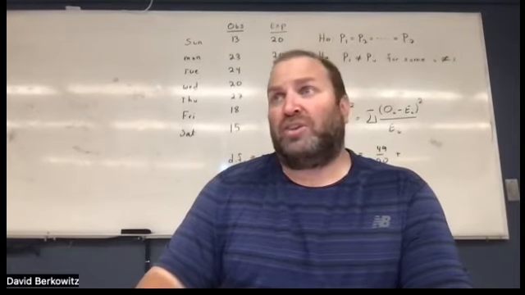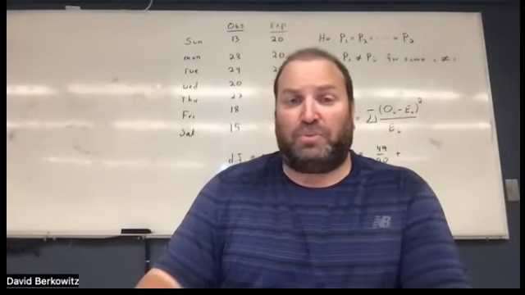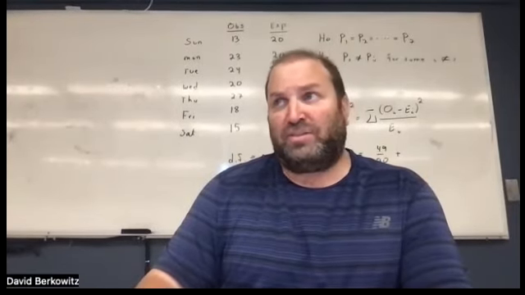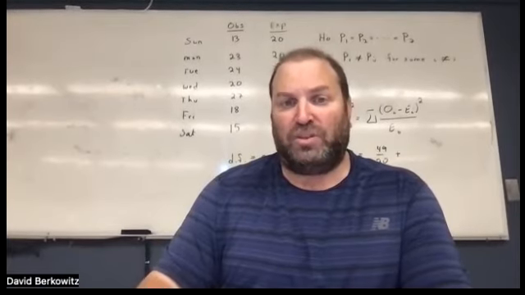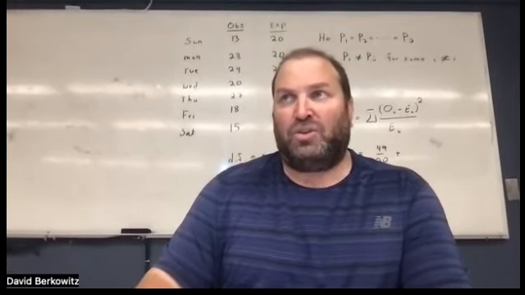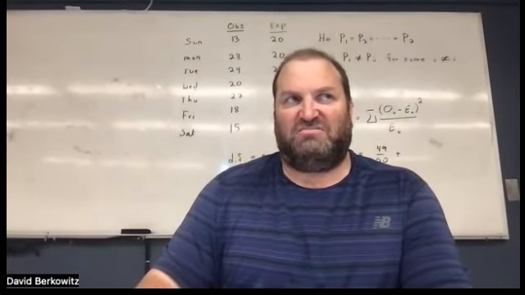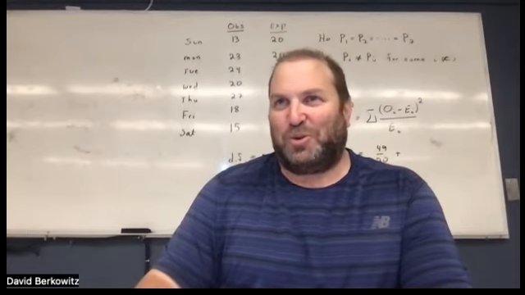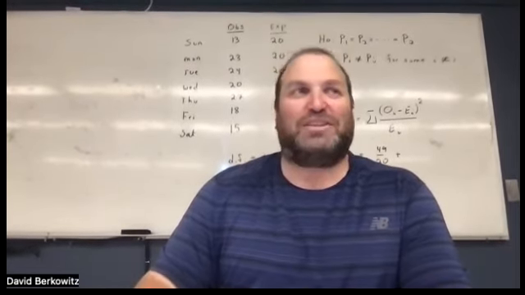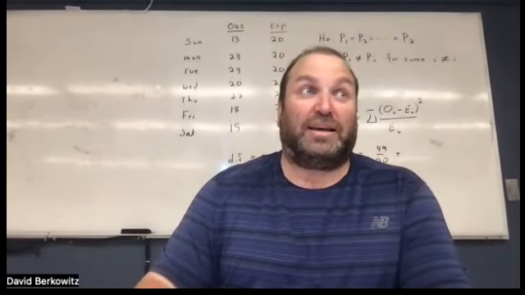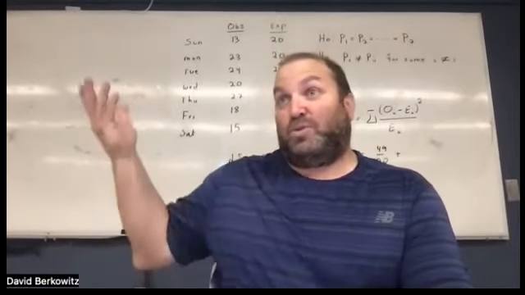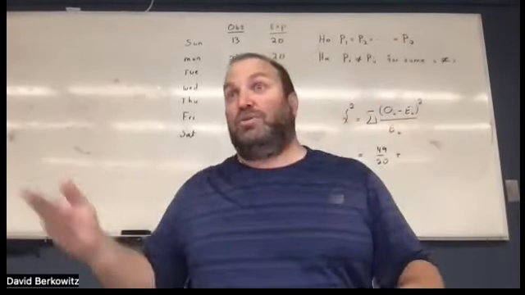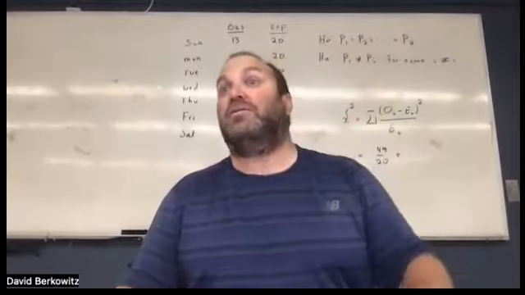You square R, it's the R squared. If R is 0.8, R squared is 0.64. 64% of the variation in final exam scores is explained by the linear relation to midterm scores. The rest of it is explained by other things like studying, and maybe some of the questions asked happen to be things that you knew, as opposed to not. It's luck, yes.